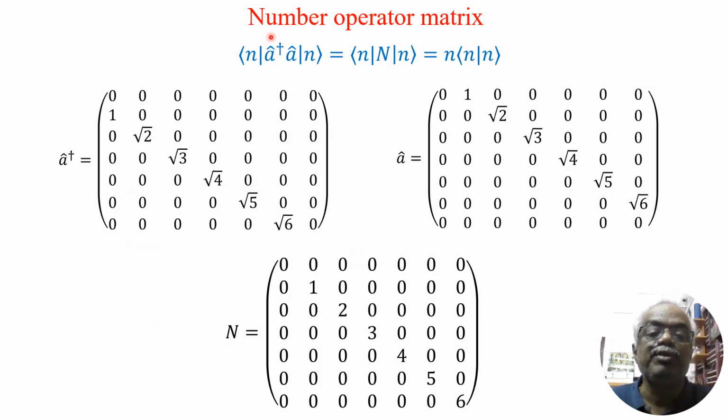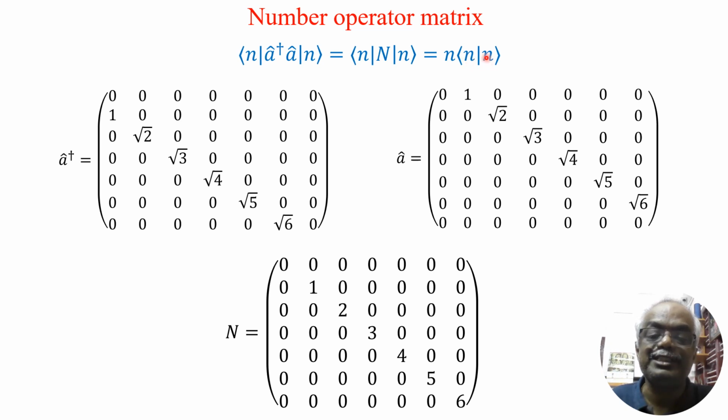Now we will see the number operator matrix. That is, bra n, a dagger a, ket n. a dagger a is the number operator, which can be replaced by the number operator N acting on ket n, which gives you the eigenvalue n. Then naturally, the inner product of n with n is 1. So from this you can understand that row vector and column vector are the same.